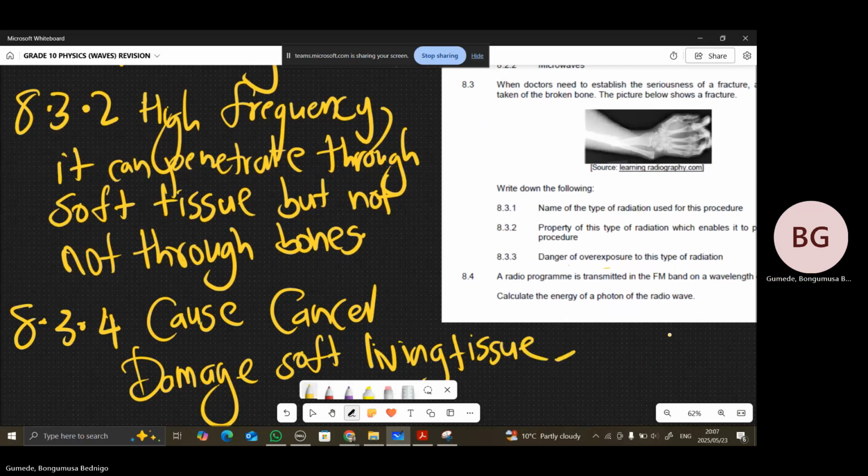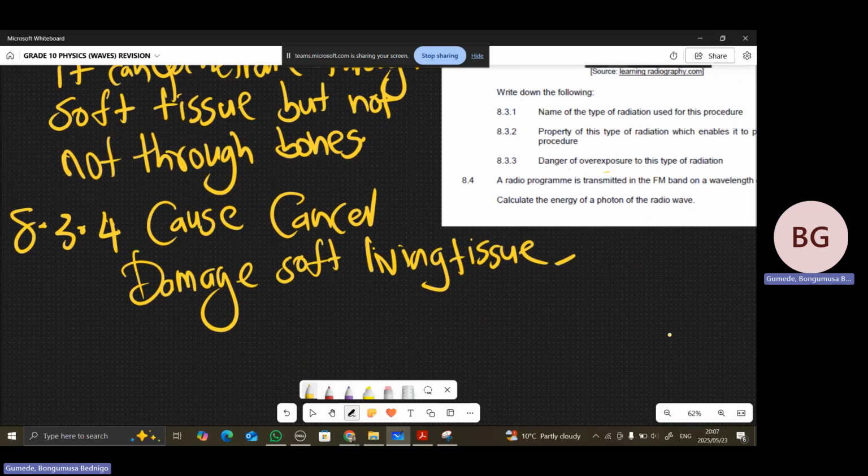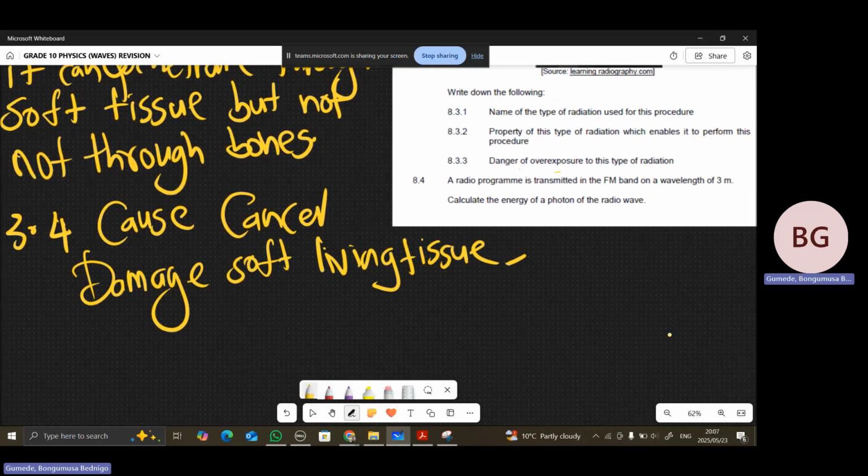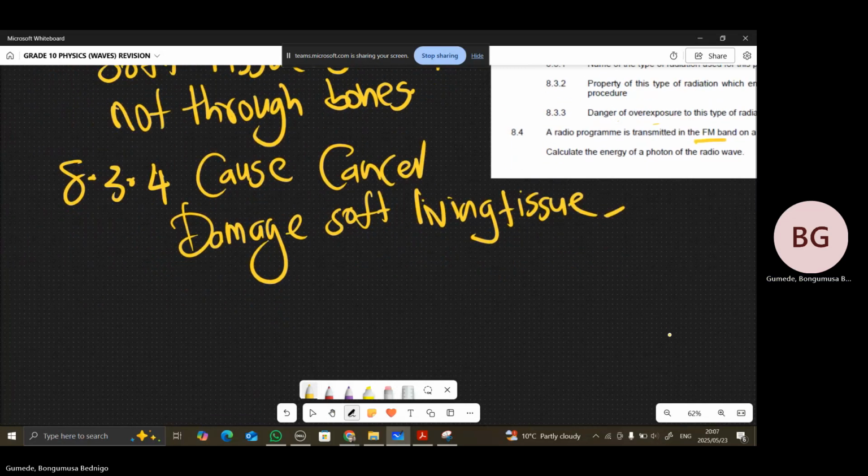All right. 8.4, we have a radio program that is being transmitted in the FM band on a wavelength of 3 meters. Calculate the energy of this radio wave.